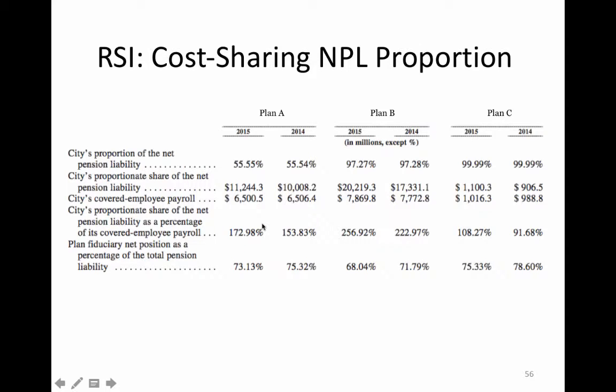So a similar comparable ratio to what we just saw for single and agent plans, and then an asset sufficiency ratio for the plan as a whole. So using the plan's fiduciary net position and dividing it by the collective total pension liability for all participating governments in the plan. This number wouldn't be available for the individual governments that participate in the plan because it's a cost-sharing plan.